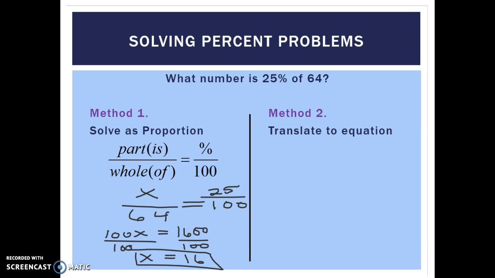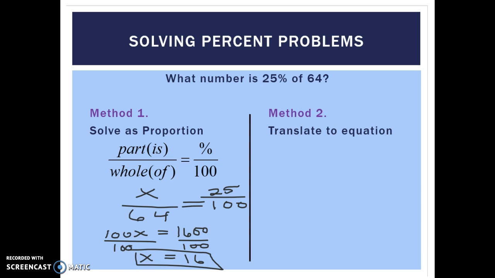So 25 divided by 100 is 0.25. 16 divided by 64 should also equal 0.25. So if we check 16 divided by 64, it does equal 0.25. So proportion just means you have two ratios set equal to each other.